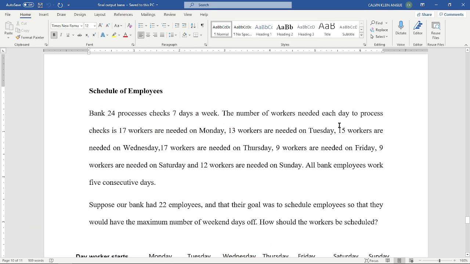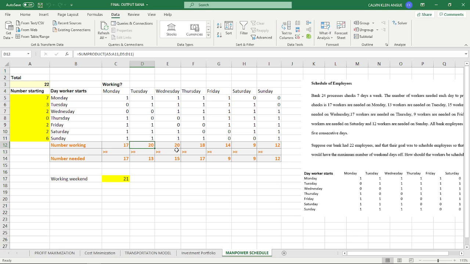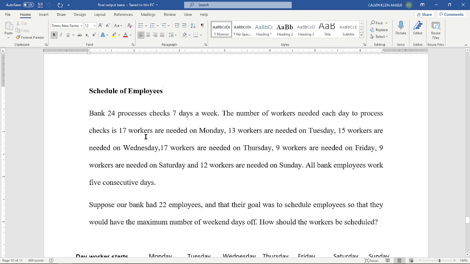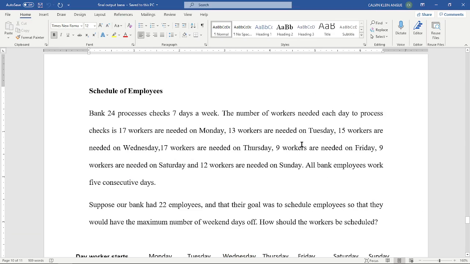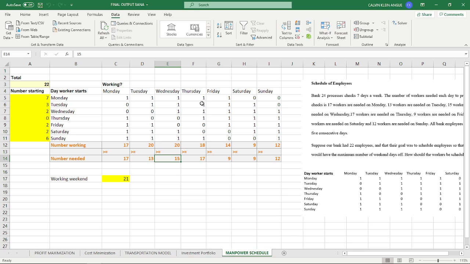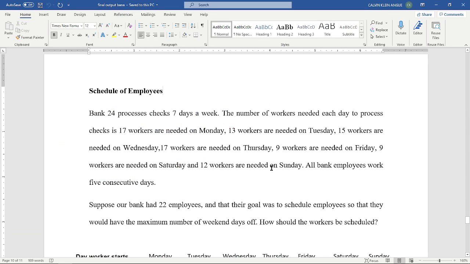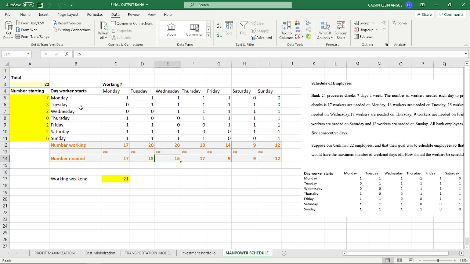So this is 17 on Monday, 13 on Tuesday, 15 on Wednesday, 17 on Thursday, 9 on Friday, 9 also on Saturday, and 12 on Sunday.